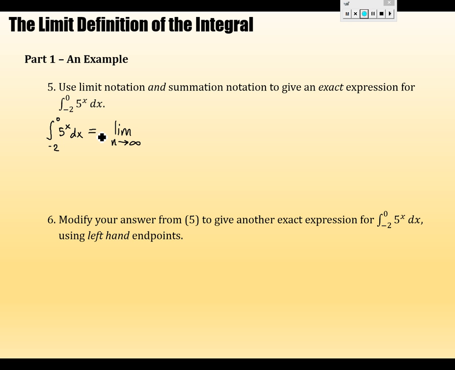If you did it correctly, then you can just slap in your answer for number 5 there. So from k equals 1 to n, I'll just use the one Rosa had here, 1/2 times 5 to the negative 2 plus n over k, except it wasn't 1/2. Wait, what was it?